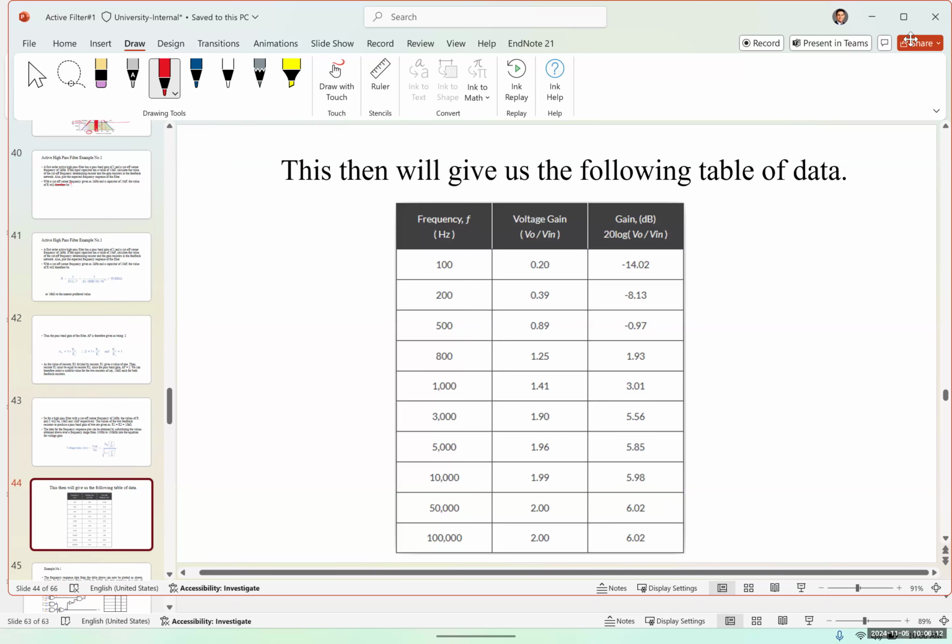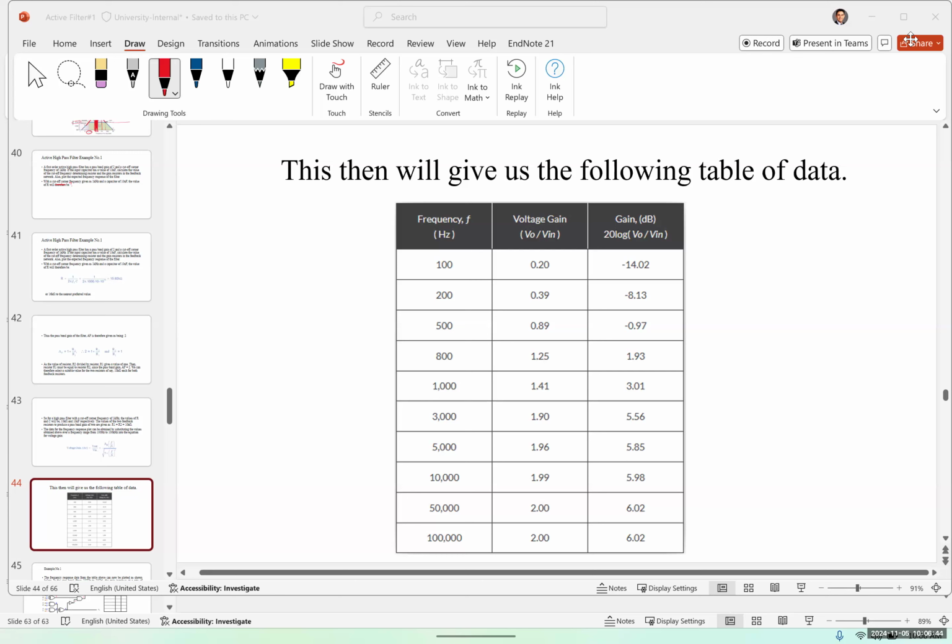If we just replace 100 hertz to 100 kilohertz, we can plot the frequency response, and it's going to look something like this. Starting from 100 hertz, the voltage gain would be 0.2, or in dB, it's going to be -14. 200 hertz, it's going to be 0.39. 500, it's going to be 0.89, so less than 1. So up to 800 hertz, you can see that it's actually decreasing and blocking the frequency. 800 hertz is going to be 1.25, 1,000 is going to be 1.41, 3,000 is going to be 1.91, 5,000 is going to be 1.96.